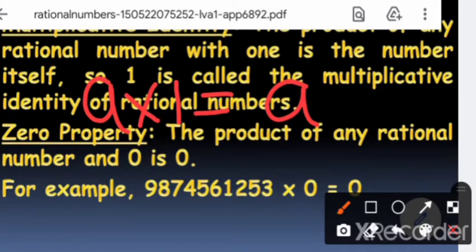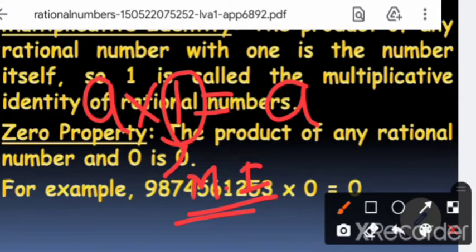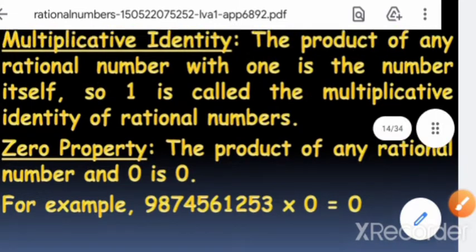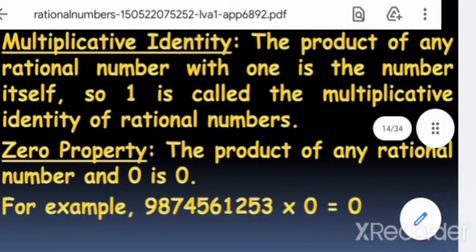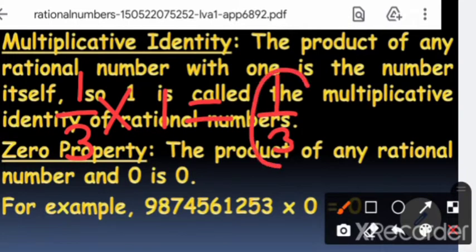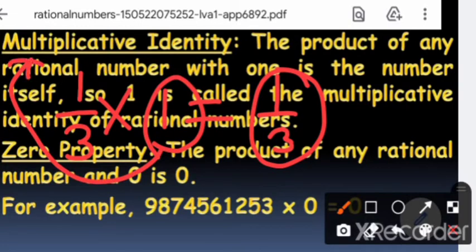So we can say that 1 is the multiplicative identity. You can take any example, like the first number is 1 by 3, then multiplied by 1, the result will be the same number, 1 by 3. So 1 is the multiplicative identity.